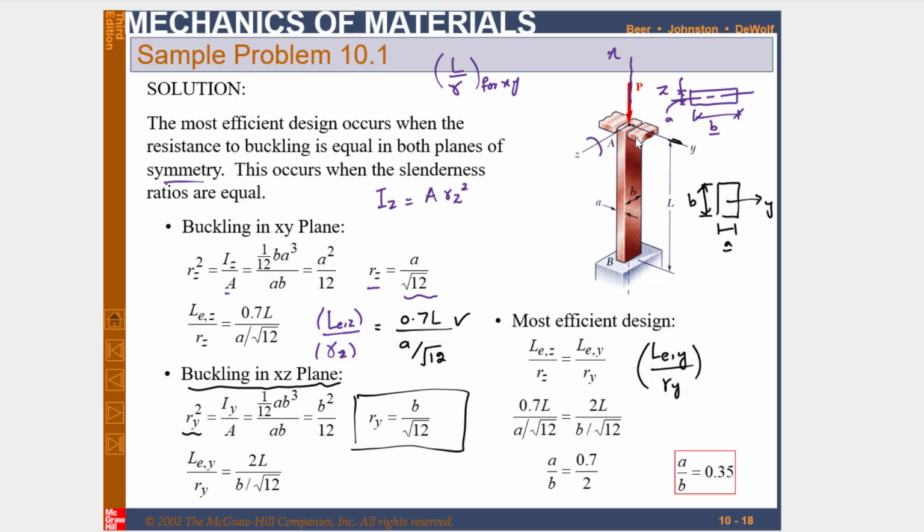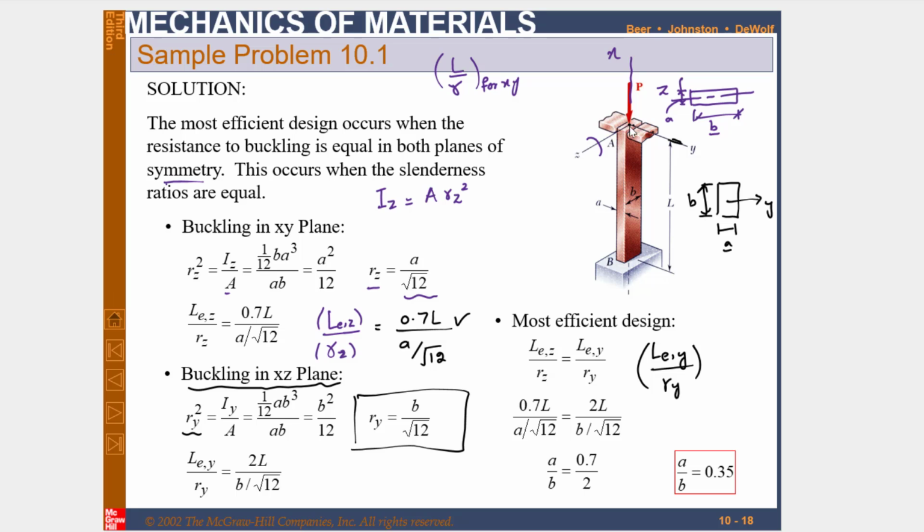Clear? Now we will check the effective length. You can see that this beam can move in the xz direction, in the xz plane. Clear?